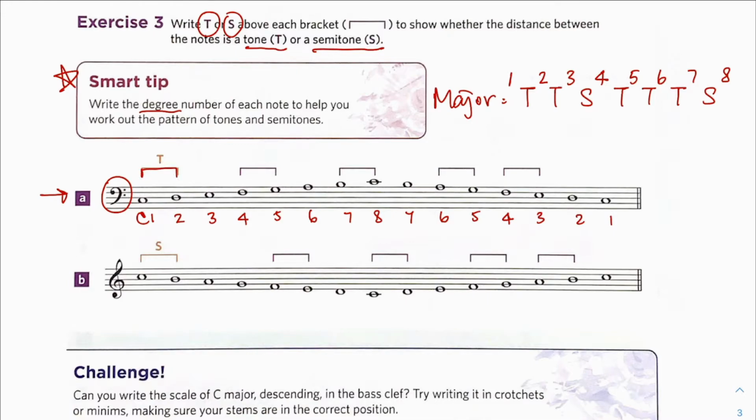So the first bracket here is already done as an example. The distance between 1 and 2, which is here, is a T. Then for the next bracket here, the relationship between 4 and 5, which is here, will be a tone, so we will write T. Next bracket here, the distance between 7 and 8 degree, which is here, is a semitone, so we will write S. Next bracket we have 6 to 5, or 5 to 6.